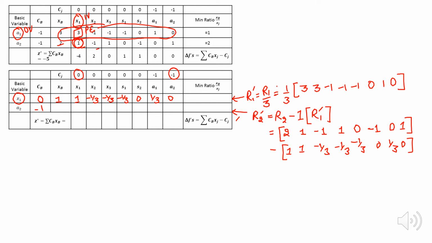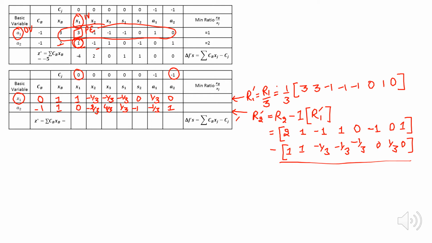If you subtract, you are going to get 2 minus 1 is 1, 1 minus 1 is 0, minus 1 plus 1 by 3 gives 2 by 3, minus 2 by 3, then 4 by 3, plus 1 by 3, minus 1 by 3, 1. Okay, so that's how we have updated the new row.